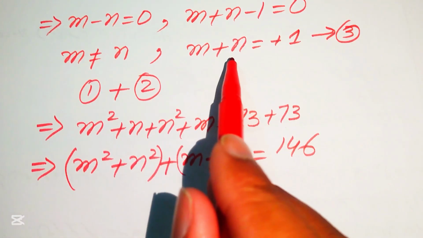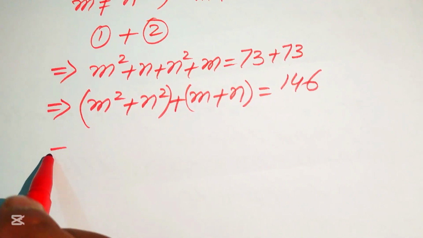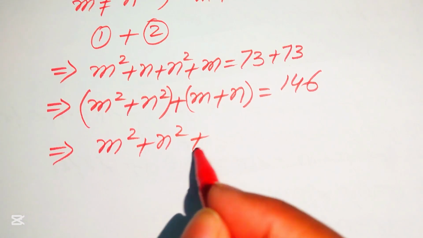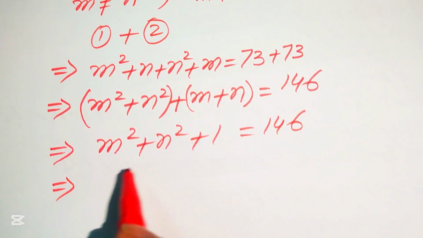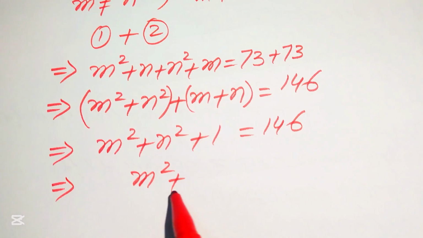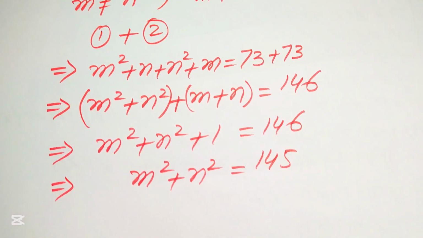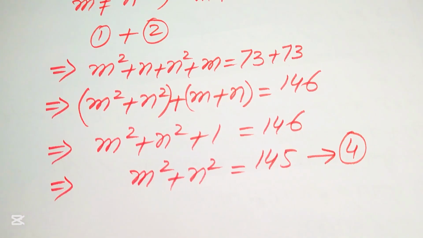So here we can apply the value of m plus n is equal to 1. We will substitute it here, and it will be written as m square plus n square plus 1 equals to 146. So it will be written as m square plus n square equals to 145, and we call this our equation number 4.